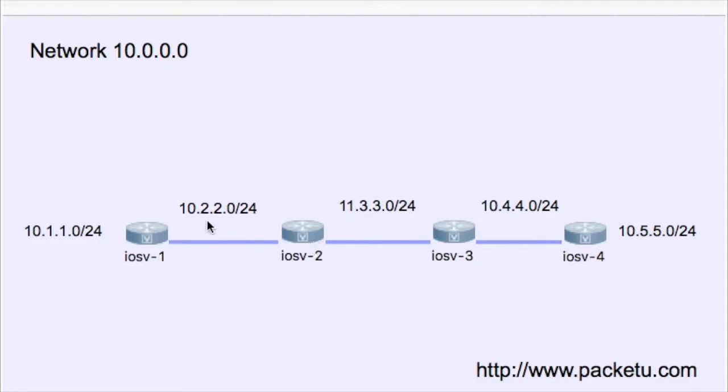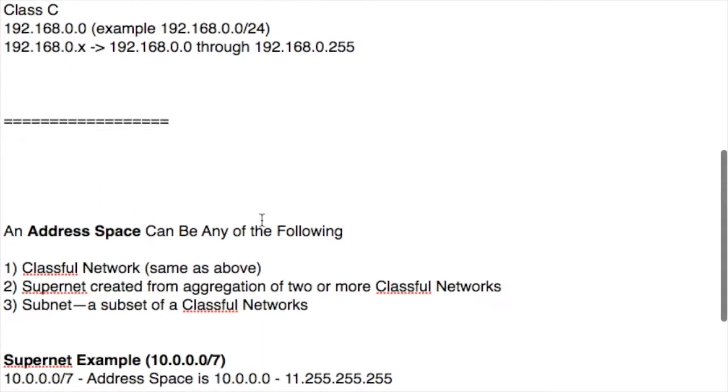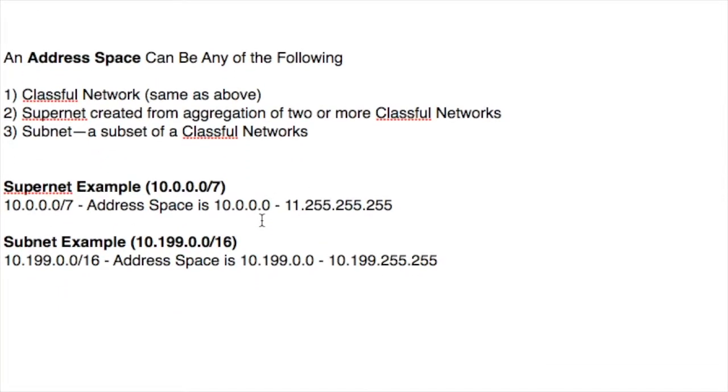And now let's expand the topic of discontiguous and contiguous beyond just networks, and we'll look at address spaces and how we define those. When we're talking about IP address spaces, we can define them in the following ways. We can do a classful network. We saw that; that was the example we just went through. Again, a red car is still a car, but a car is not necessarily a red car.